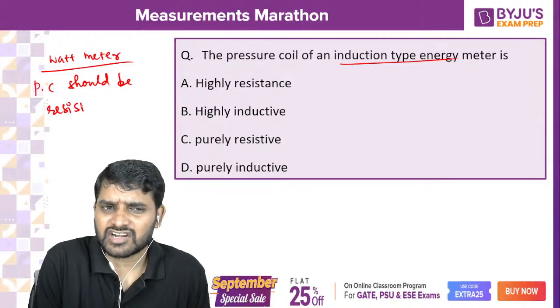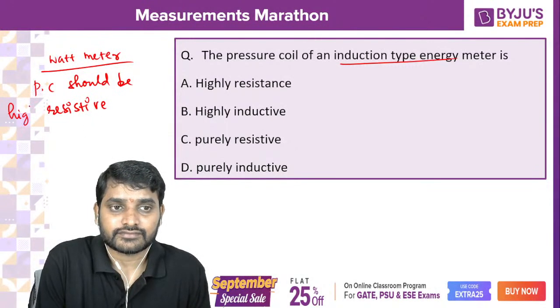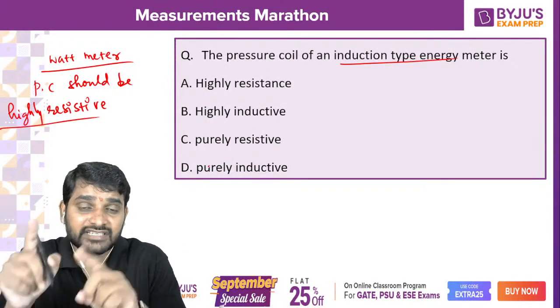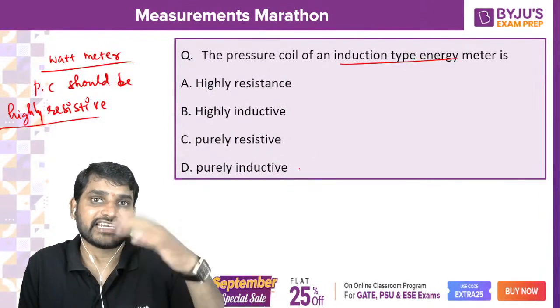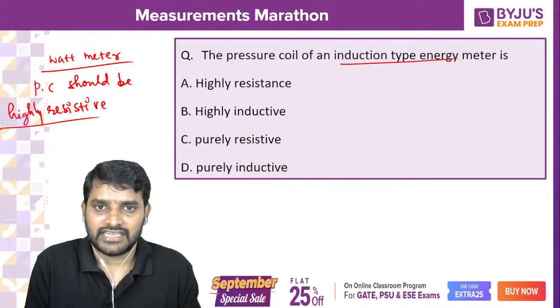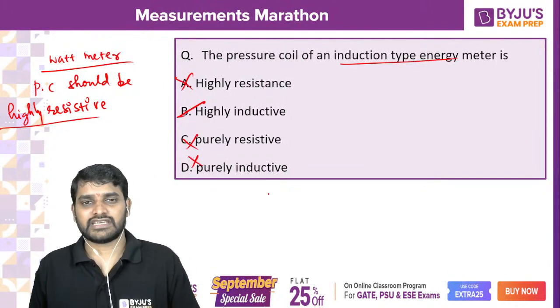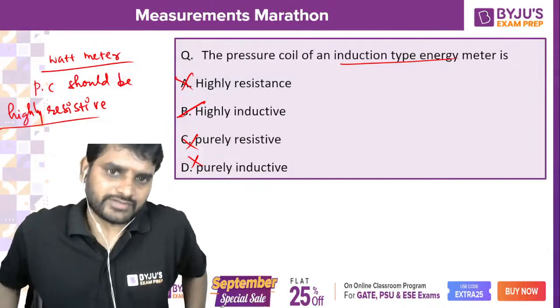Purely resistive is not possible, so it should be highly resistive. Pressure coil of the energy meter is the opposite. The opposite means not low resistive, it is highly inductive. It should be highly inductive. Not purely inductive, not purely resistive. It's not possible.